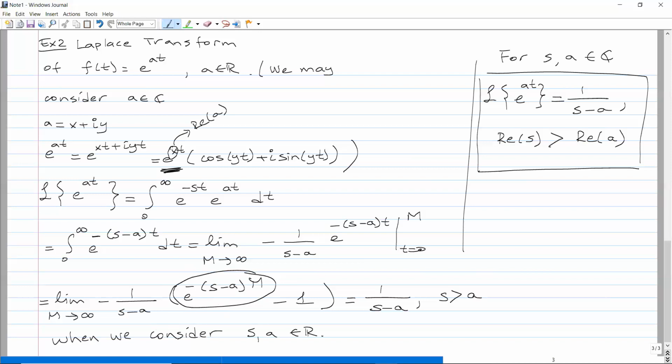Okay, before we go any further, maybe using the linearity of the integrals, we can say the linearity of the Laplace transform.